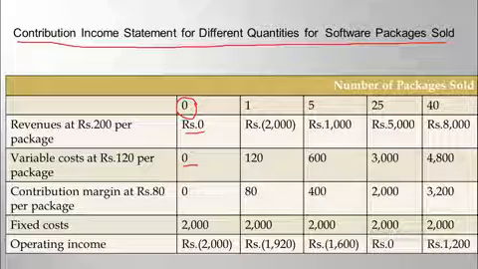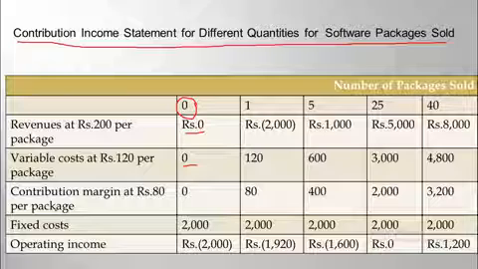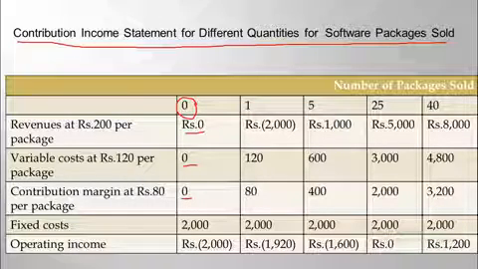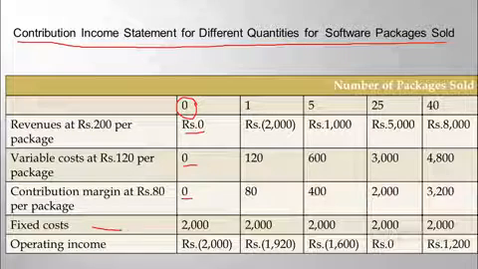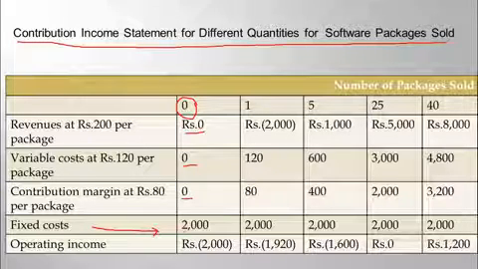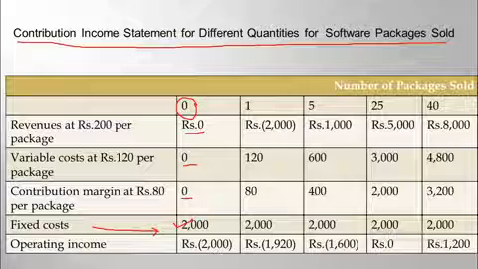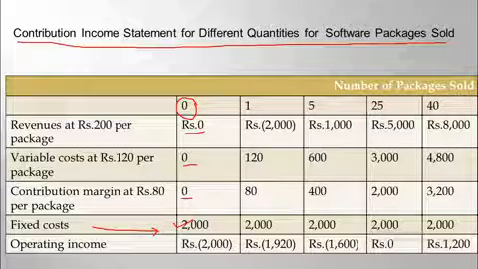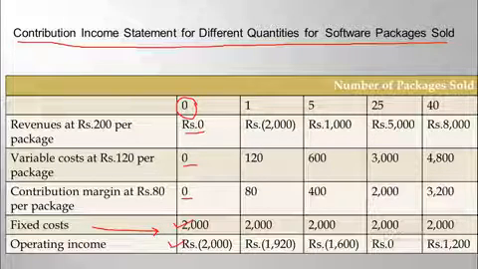The contribution margin at 80 per package, as there is no sale of packages, will again be 0. But here you can see the fixed cost, that is the rental cost, is rupees 2000. It means if the IT Solutions company cannot sell any unit of the software packages, still they have to face the 2000 rupees as a fixed cost.